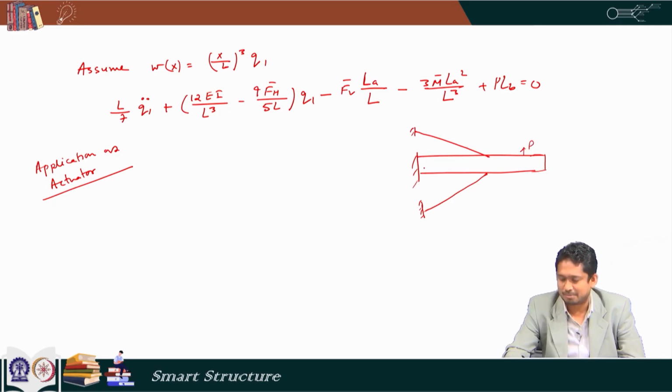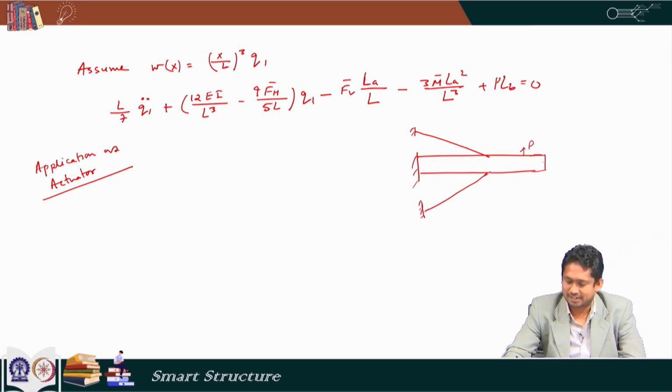Now, due to the application of this force P, this beam wants to go up. The upward movement of the beam would try to extend this wire. Now, if I give a heat actuation here, the heat actuation would try to take the wire to its previous shape, which has a length less than the length that is here.